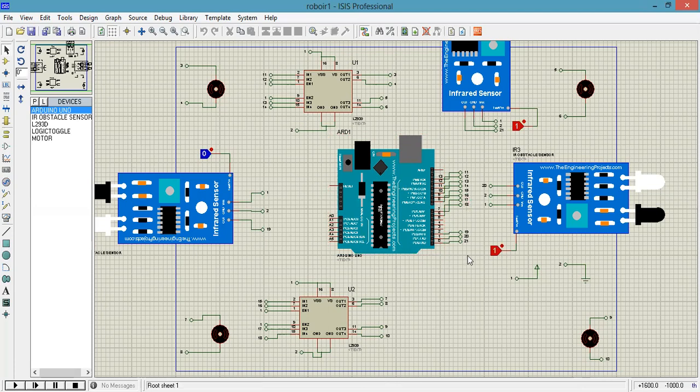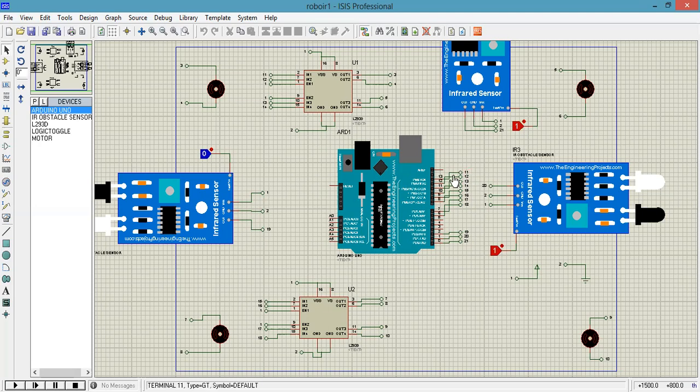Here I am giving the numbers 21, 20, 19. This is called the input pin and this is called the output. 21 means the sensor output is connected to the Arduino controller, and 19 is also connected to the Arduino controller. This is 20, which is connected to the Arduino controller.